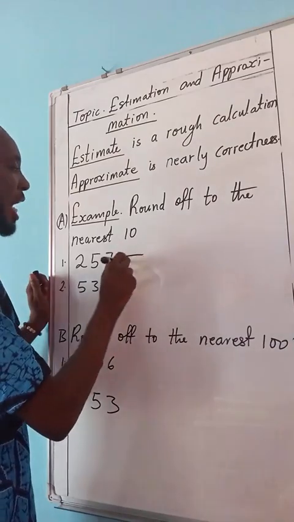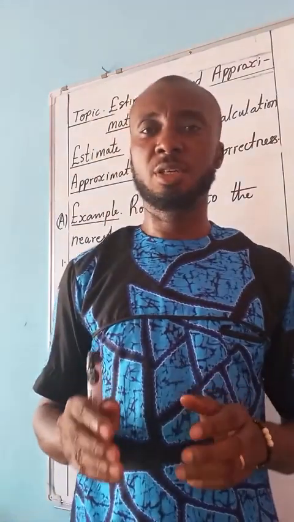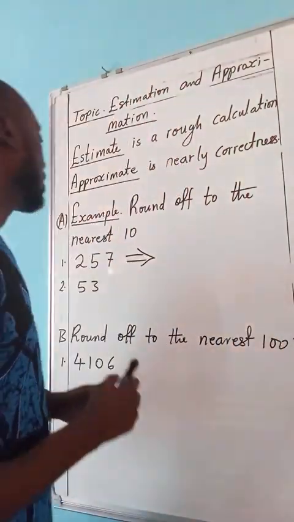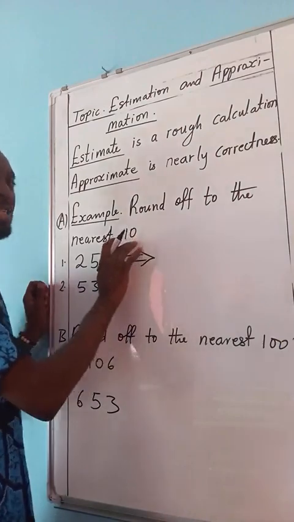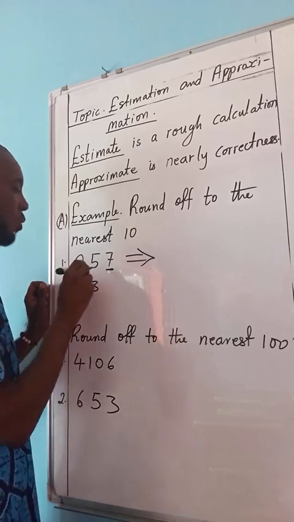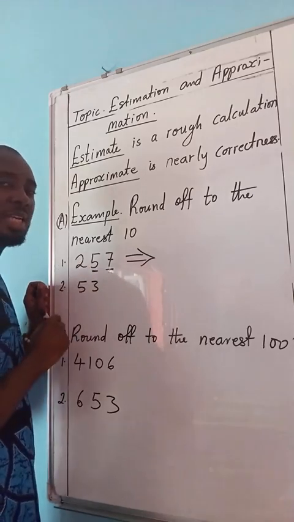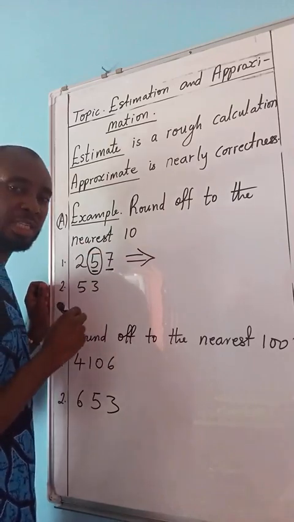Now, when you are asked to round off a number to the nearest 10, there are certain things you must have in mind. We have rules. Because we are rounding up to the nearest 10, we have this number as a unit number. We have this one as 10. So this is the number we are considering in rounding up to the nearest 10.